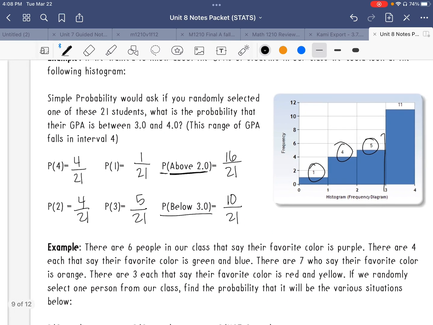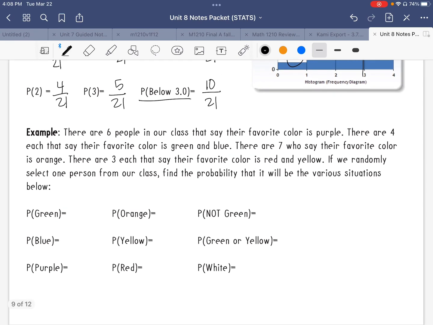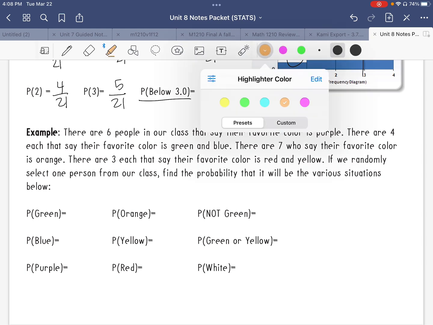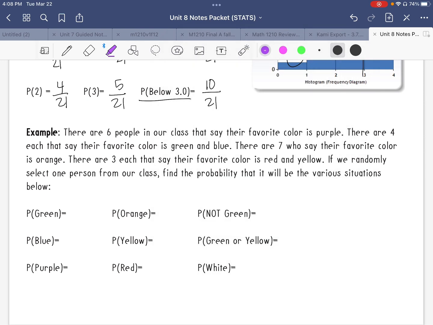Let's do another example. There are 6 people in our class that say their favorite color is purple. So I'm just going to go ahead and highlight that, and let's put it in purple so it's not confusing. So we've got 6 people who say their favorite color is purple. There are 4 each that say their favorite color is green and blue.